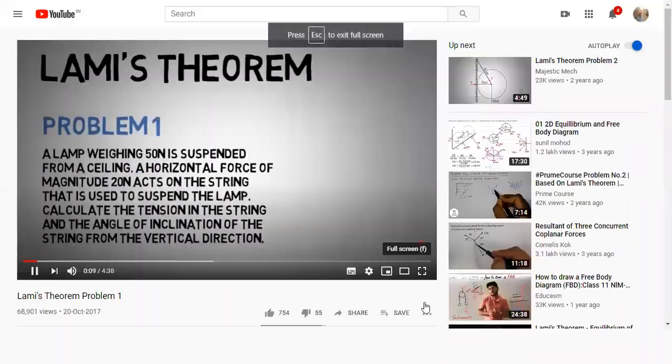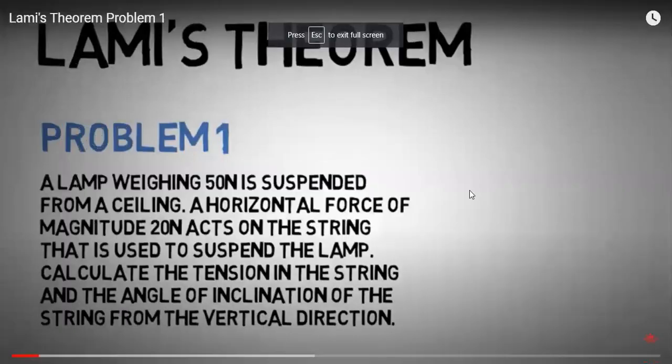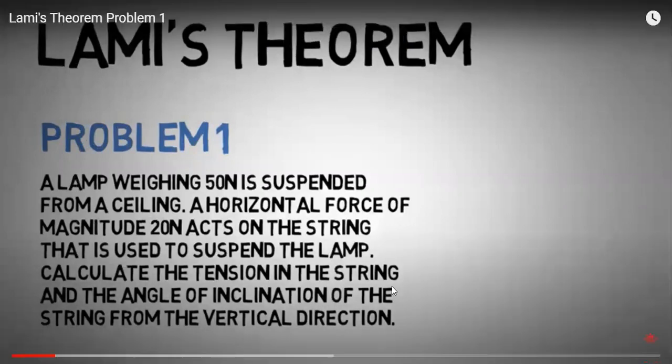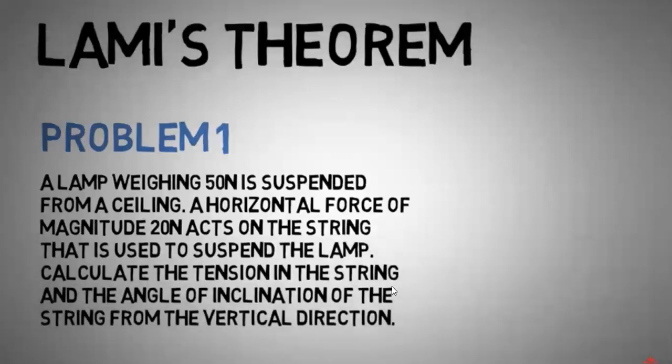Lamy's theorem, problem 1. A lamp weighing 50 newtons is suspended from a ceiling. A horizontal force of magnitude 20 newtons acts on the string that is used to suspend the lamp. Calculate the tension in the string and the angle of inclination of the string from the vertical direction.